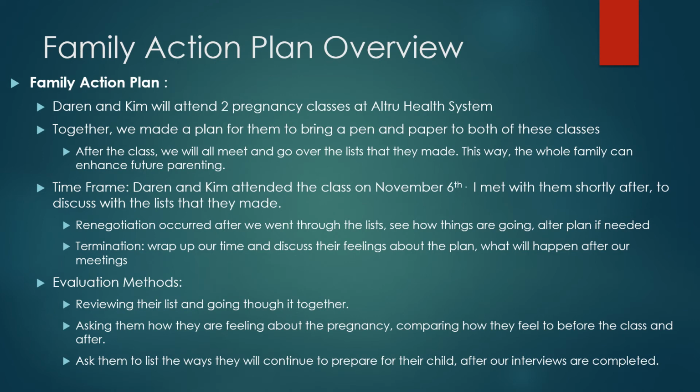Evaluation: we reviewed their list, going through it together, asking them how they're feeling about the pregnancy, comparing it to how they felt before and after, and also asking them, as a measurable way to see if goals were achieved, to list ways they will continue to prepare for their child.